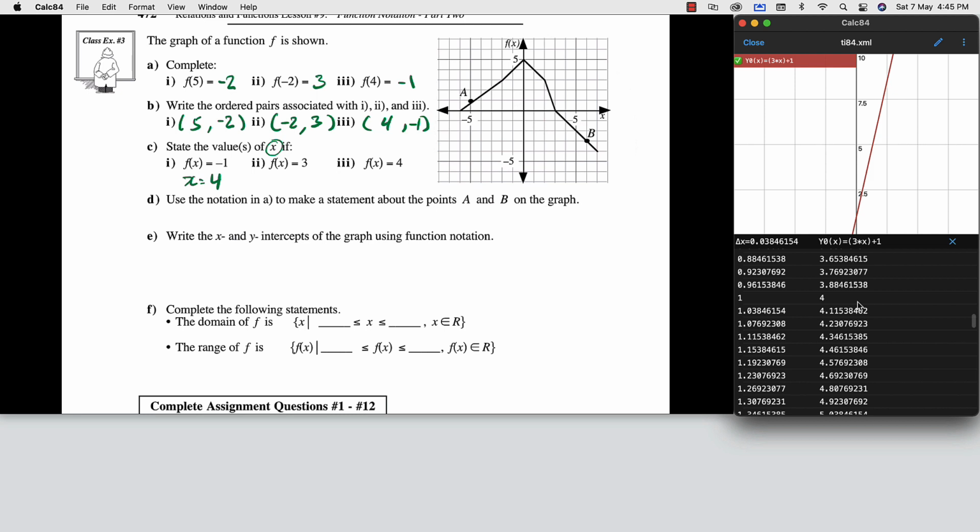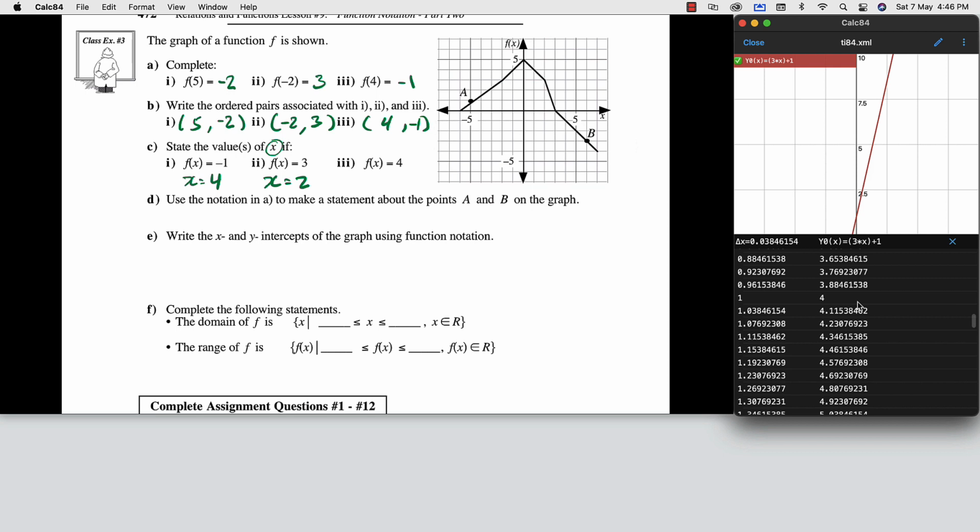If f of x is 3, so again, that's basically y is 3. So go from the origin up 3, 1, 2, 3, go over, hit the graph and go down, and we are at an x value of 2. Okay, and f of x equals 4. So again, go from the origin 1, 2, 3, 4. Now, I guess I got to go back. This f of 3 really had 2 values, so I just want to do that again.